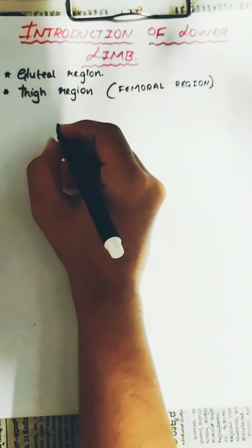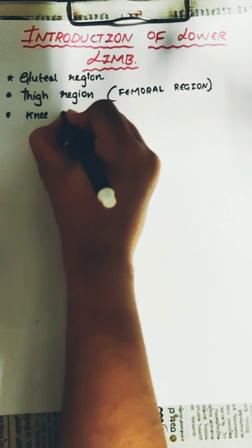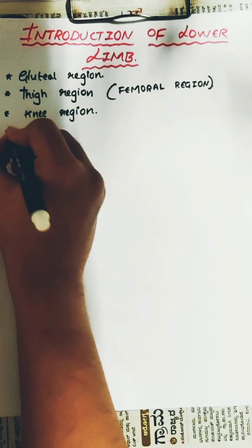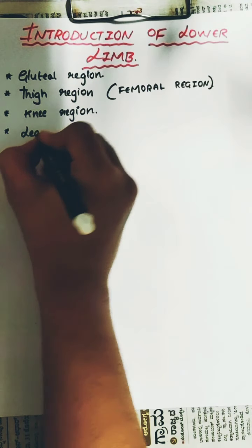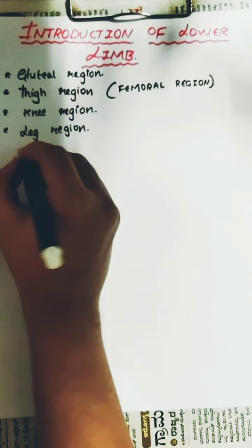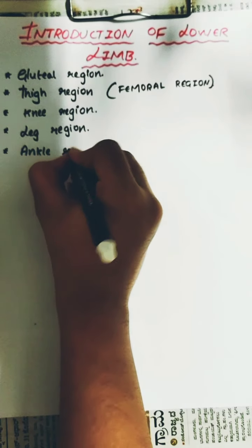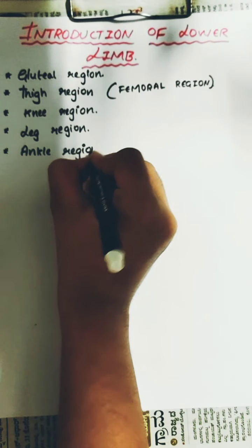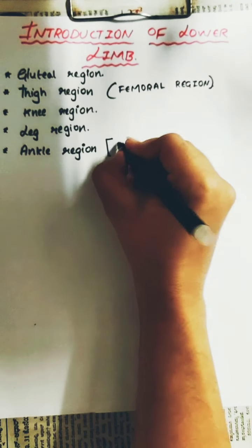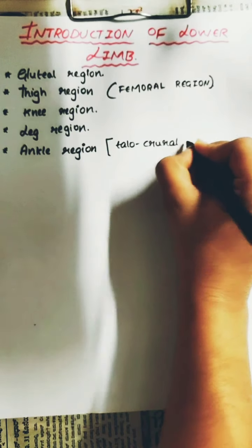The third region which comes is the knee region. The fourth one is the leg region. Fifth one is the ankle region, also called the talocrural region.